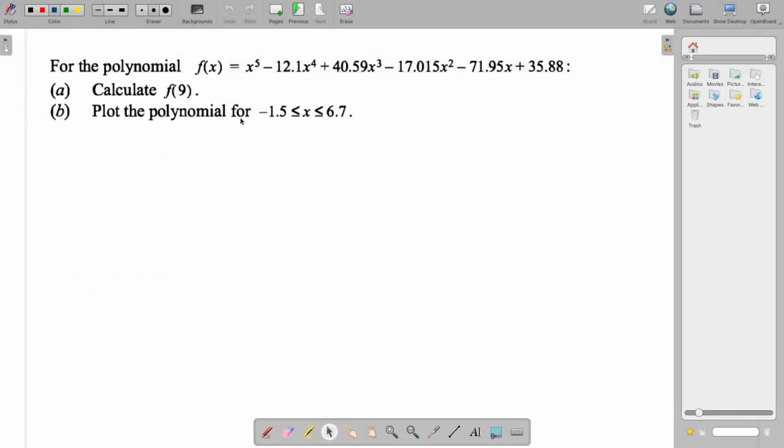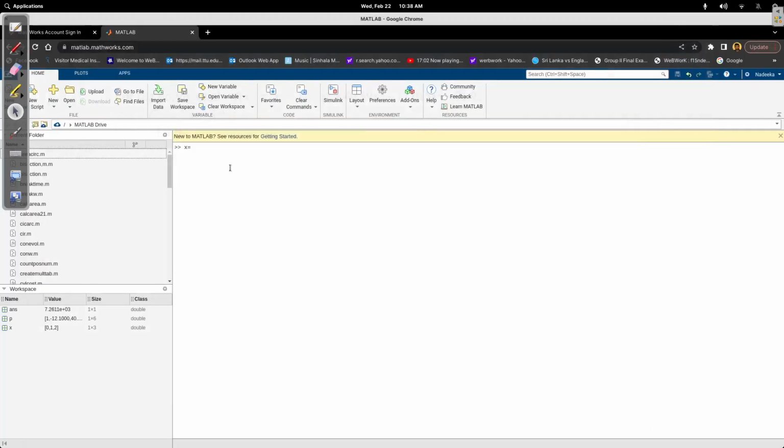Plot it between negative 1.5 and 6.7. Let's say use 600 points.